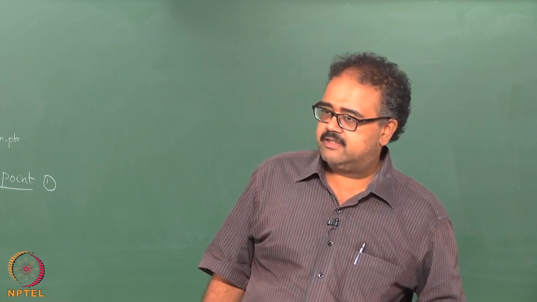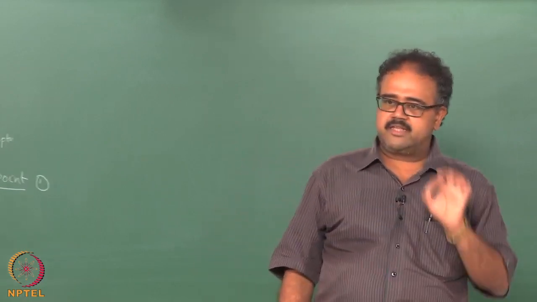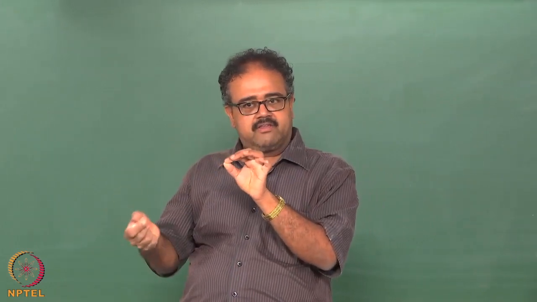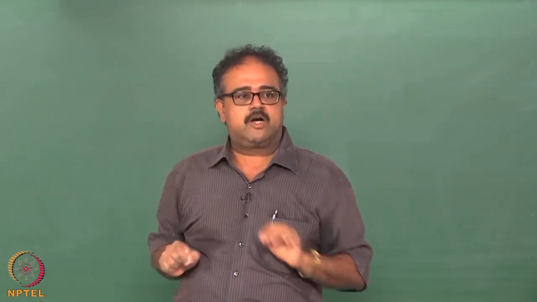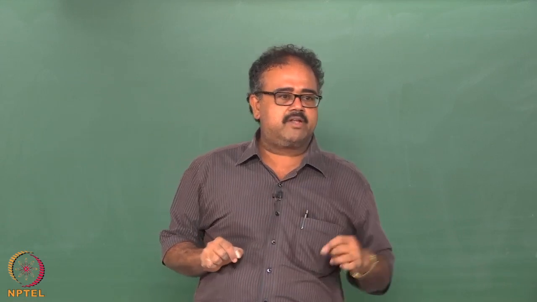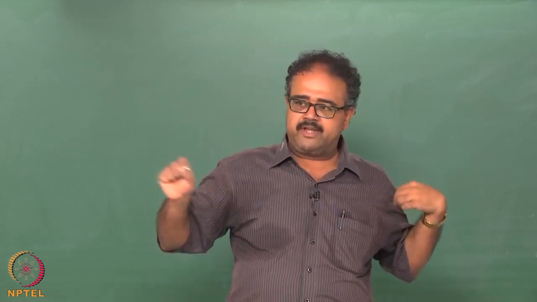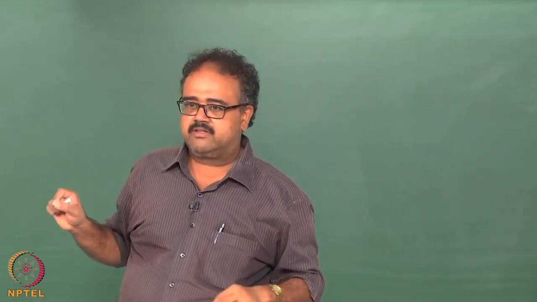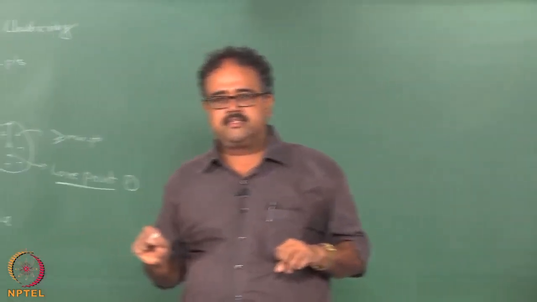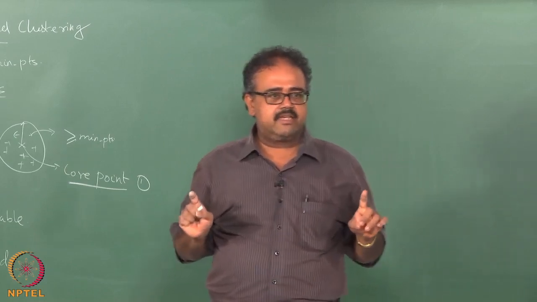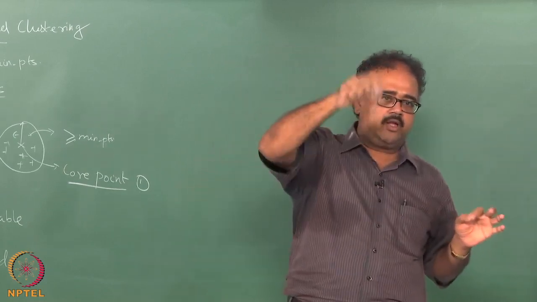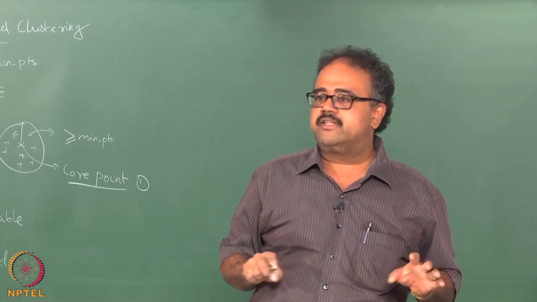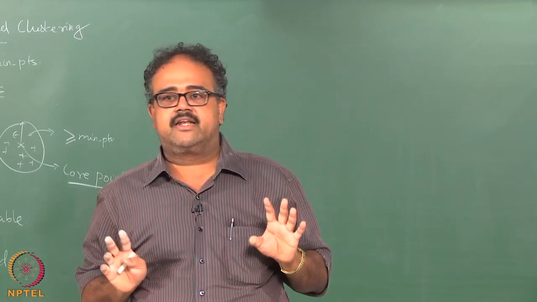That makes sense, right? What is density reachable? I start from a core point and only move to core points until I make the last hop to this point. No move is greater than epsilon, and all the points I visit on the way will be core points. Density connected is if for i and j there exists one core point from which both i and j are density reachable, then i and j are density connected.